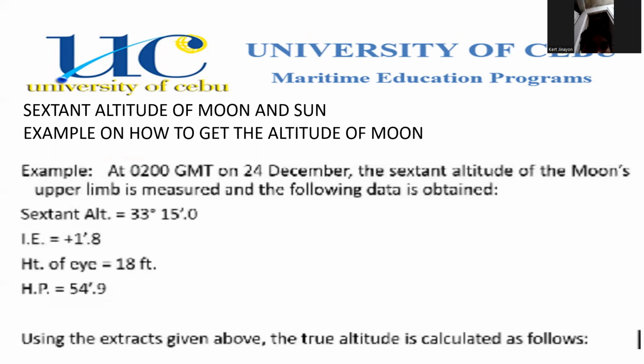Here is an example on how to get the altitude of the moon. So, example: at 0200 GMT on 24 December, the sextant altitude of the moon's upper limb is measured with the following data. Sextant altitude observed from the moon is 33 degrees 15 minutes, and the IE is equal to 1.8 minutes.